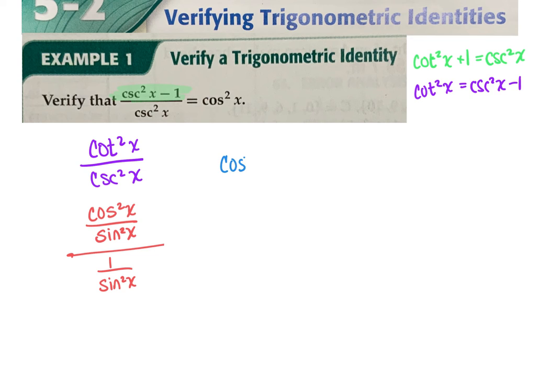Keep the first one exactly the way it is. Change it to multiplication. Flip the second one. What can I do between these? I can cross cancel. Cosine squared of x. Yes. I just verified it.